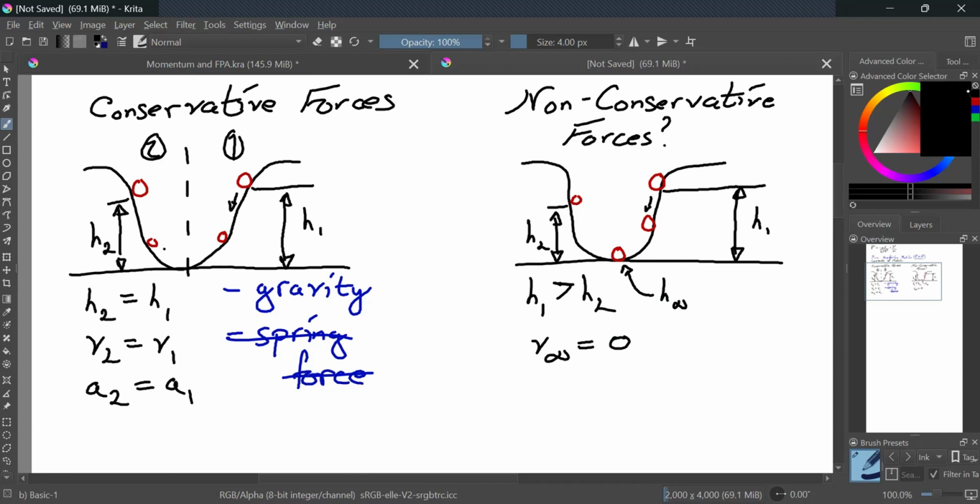There's no more useful energy to be had in that system. It is stagnant. And quite famously, the biggest non-conservative force that you will come across is going to be friction. Friction of some kind.